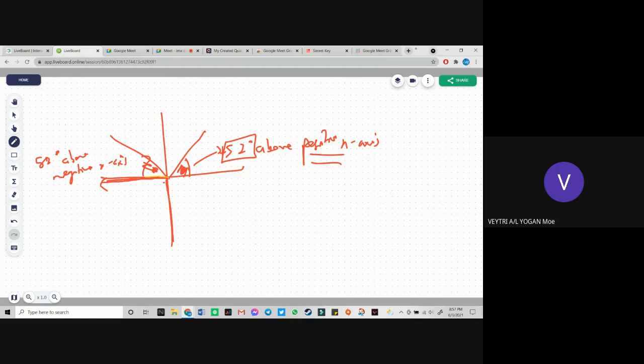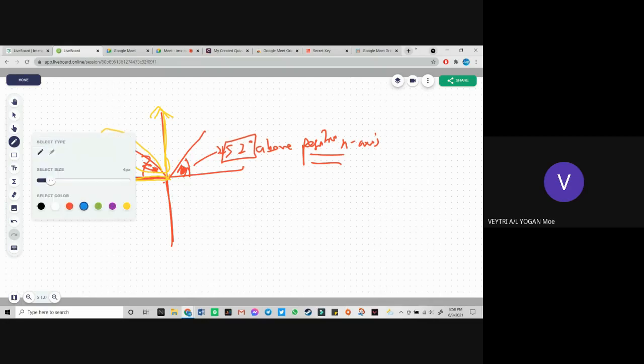Resolving vector tu apa? Tengok x-axis dengan tengok y-axis. Now, untuk angle belah sini, y-axis dia positif menuju ke atas. Namun begitu, x-axis dia ke kiri. Jadi, automatically akan jadi negatif. That's why it's above negative x-axis.